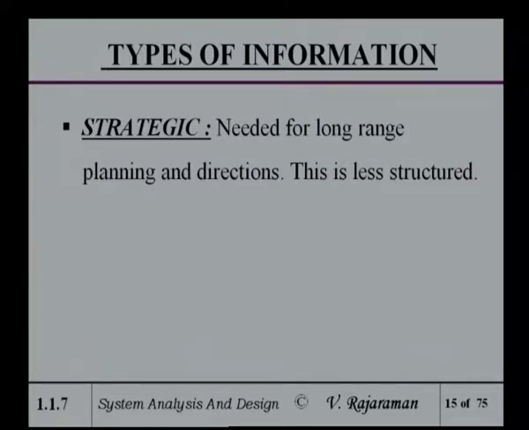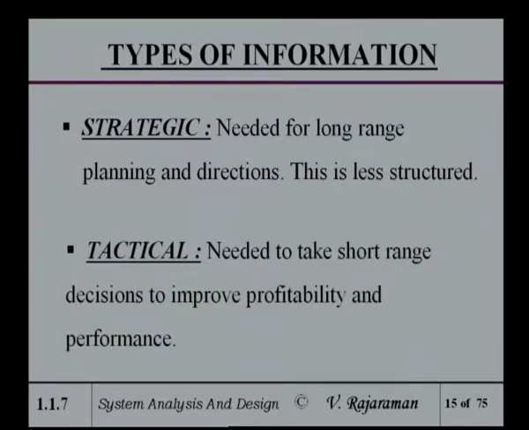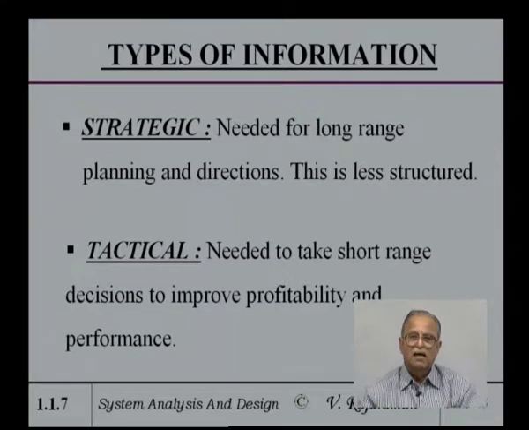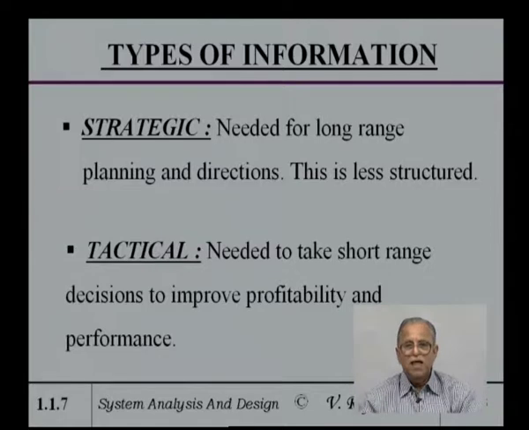So, to summarize, strategic information is needed for long range planning and what directions a company or an organization has to take. This is less structured. In other words, it is not always possible to process and give you that information. For instance, suppose I want to start a new shop.